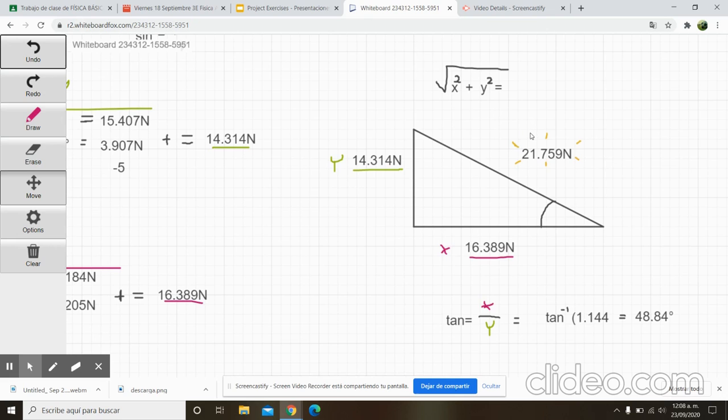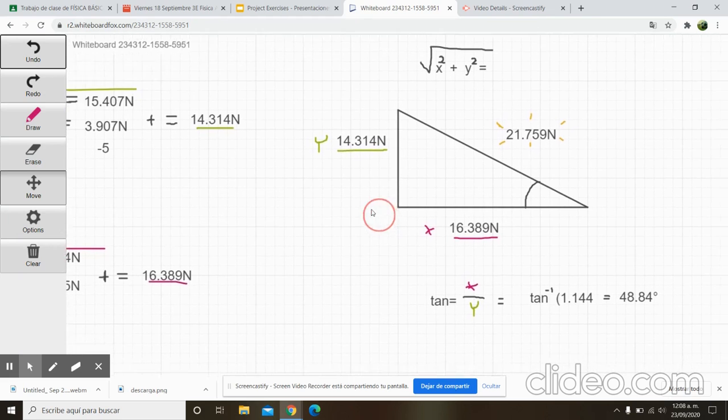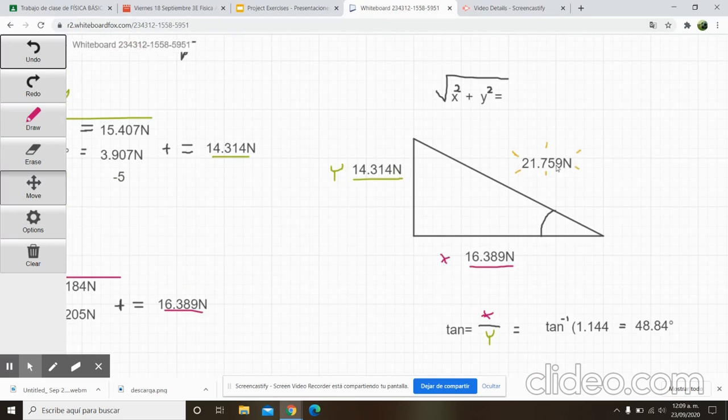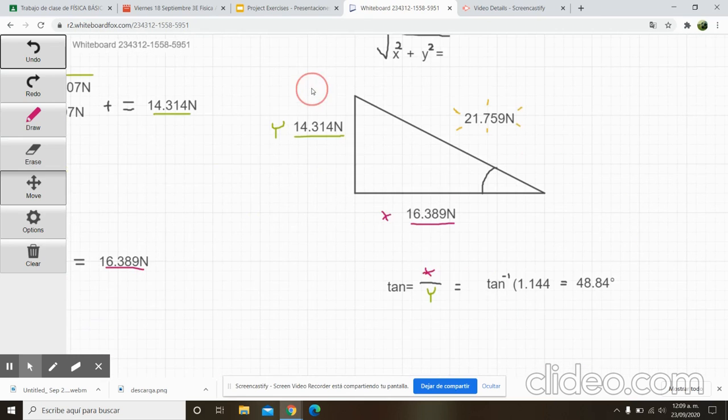Okay, and finally to get the angle that we need, first we need to use tangent. We have to divide x by y, 16.389 by 14.314.